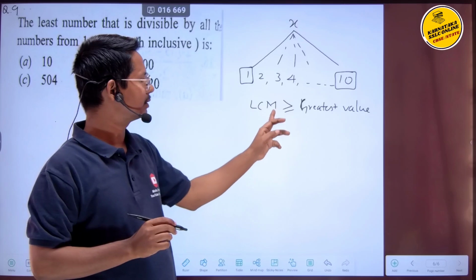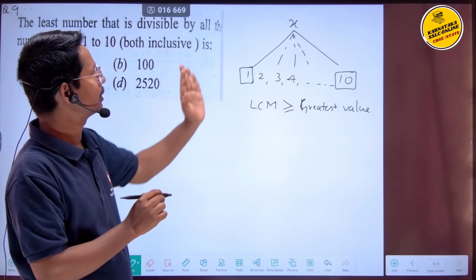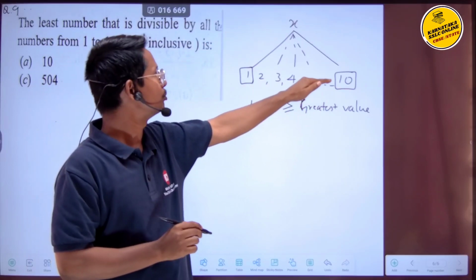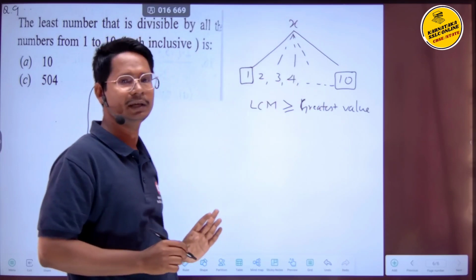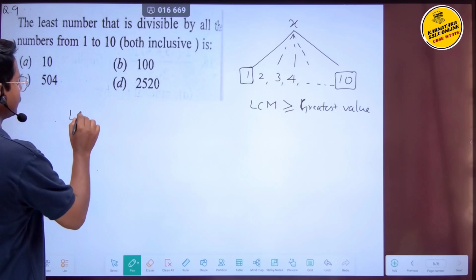For LCM the value will always be greater than or equal to the greatest value. So the number which is divisible by all these factors should be more than the factors, so you can find the LCM. Now you need to find the LCM.